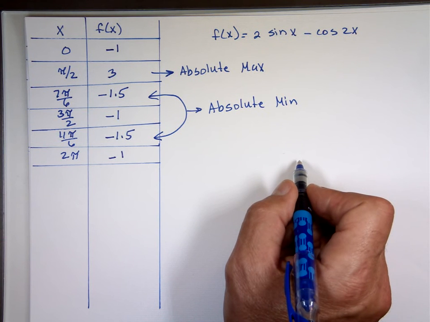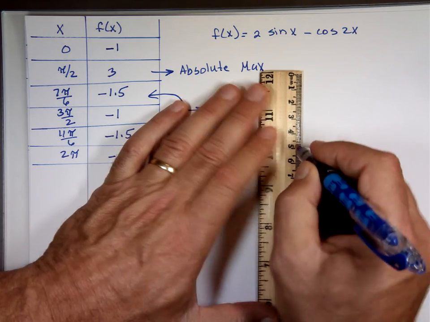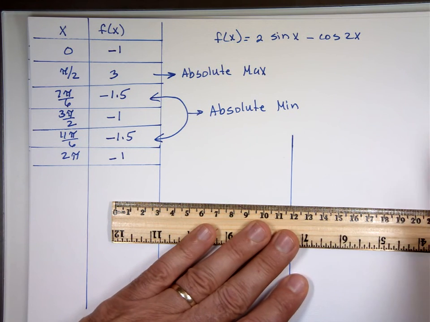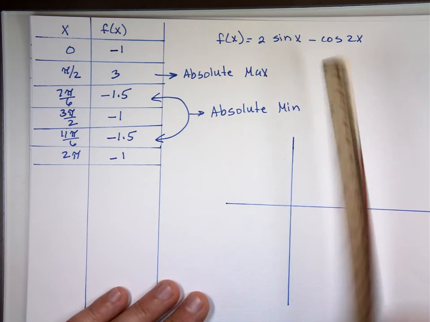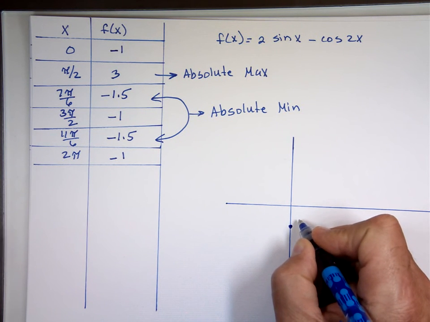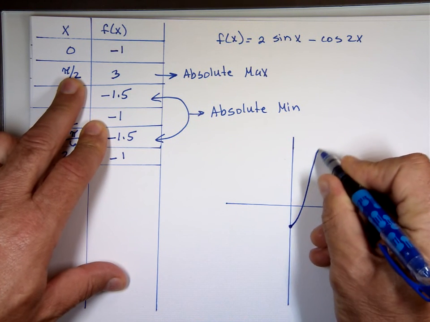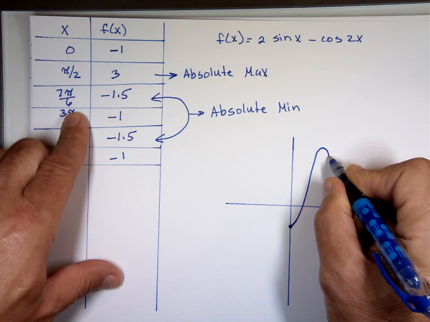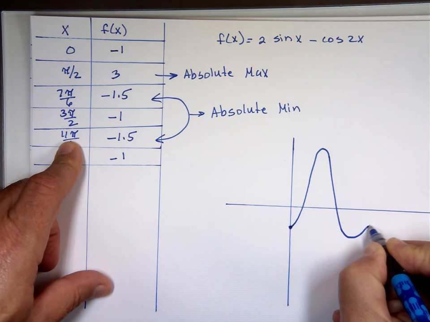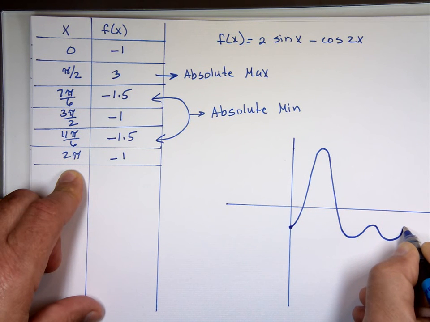Again, if you have a calculator and you decide to graph it, this is what the graph looks like. 0, negative 1 starts from here, pi over 2 and 3 pi over 2, that's what the graph looks like.